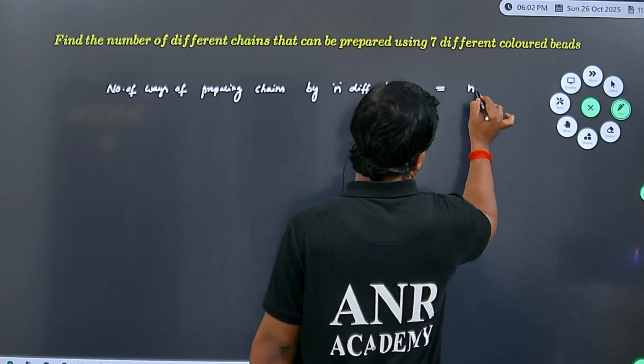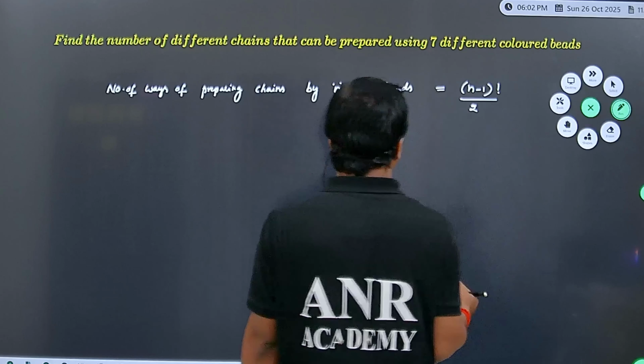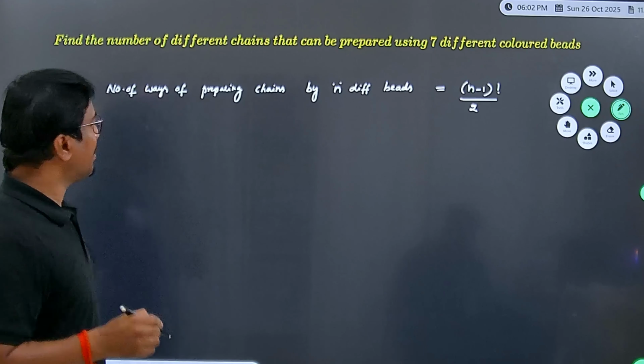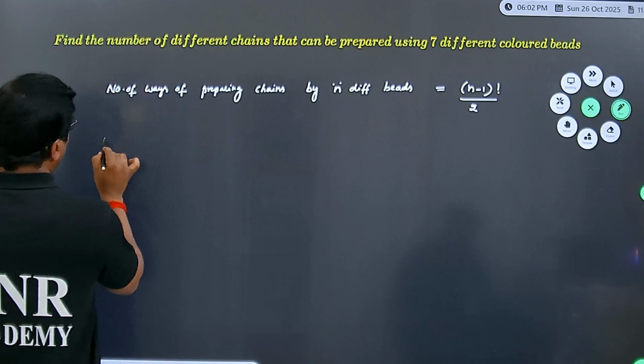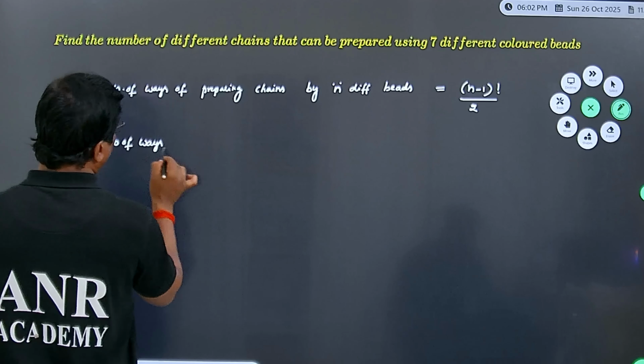General formula: (n minus 1) factorial divided by 2. For this formula we get 1 mark, and here in place of n you have to write 7.